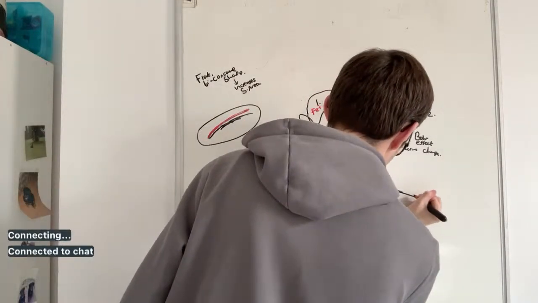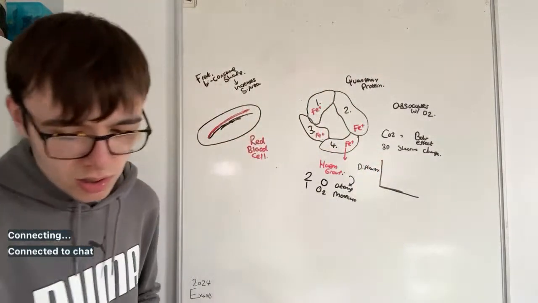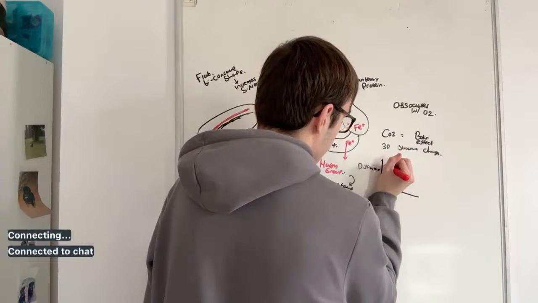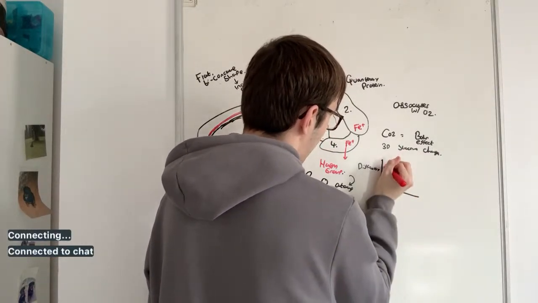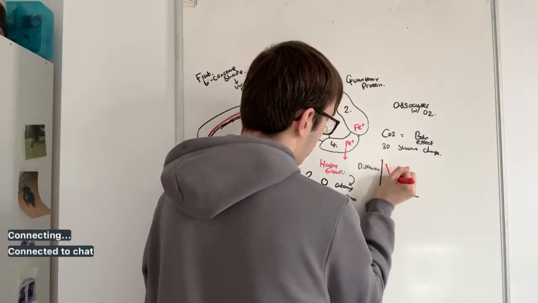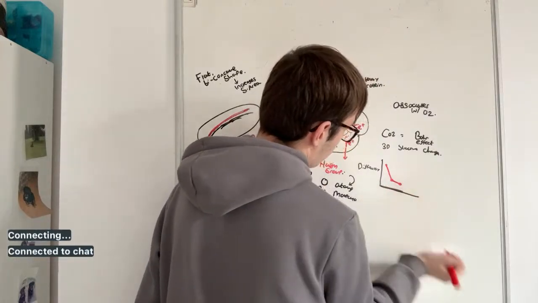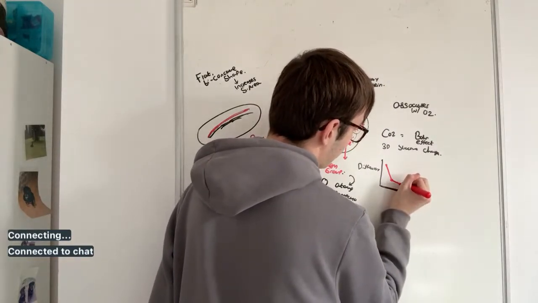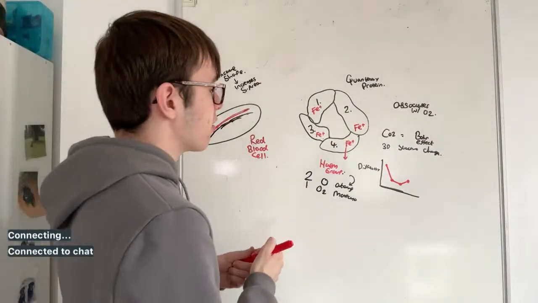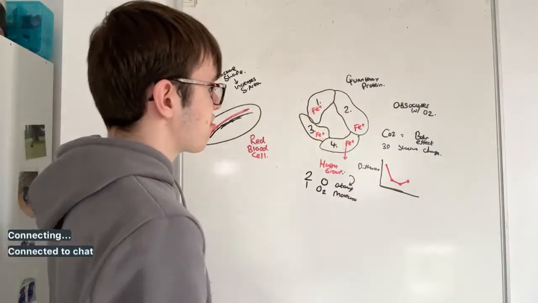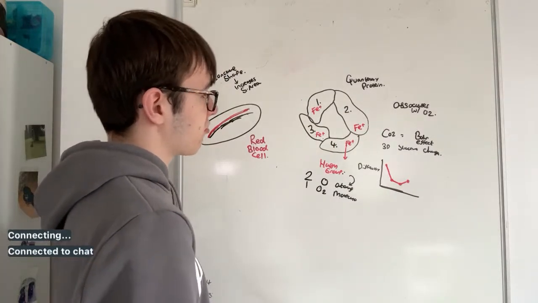Basically, to begin with, it is actually rather difficult to absorb the first molecule of oxygen, but after it does, it will undergo a conformational shift, which makes it easier for the next two molecules of oxygen to be absorbed, but then that fourth one is a little more difficult to absorb because 3 out of 4 are already saturated with oxygen. 3 out of 4 have already been associated with oxygen.